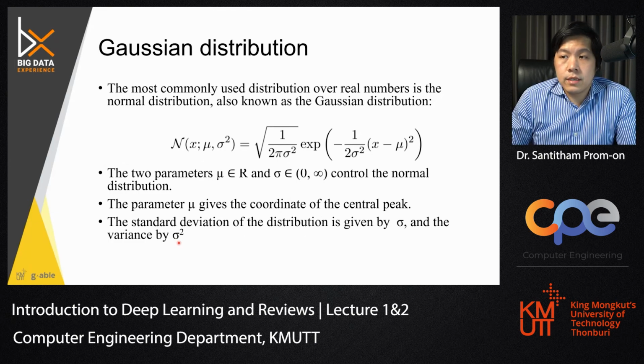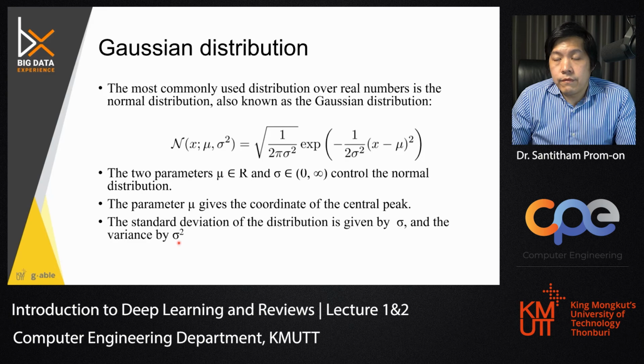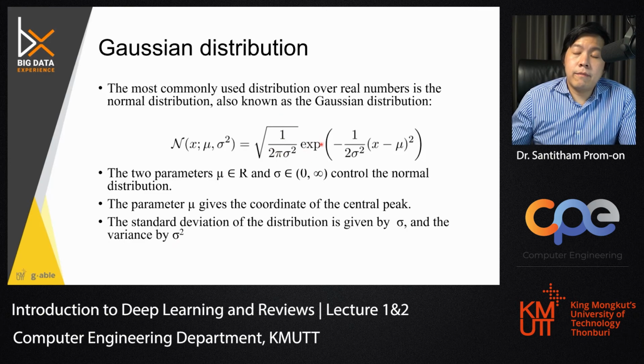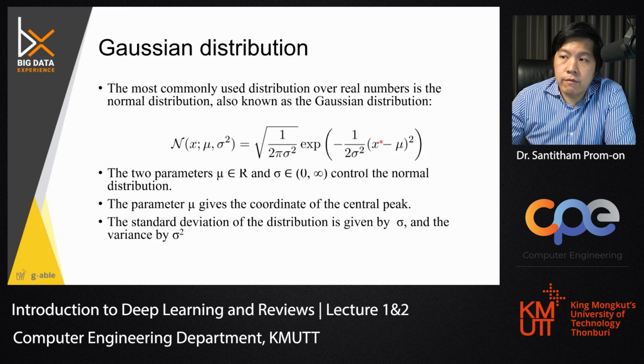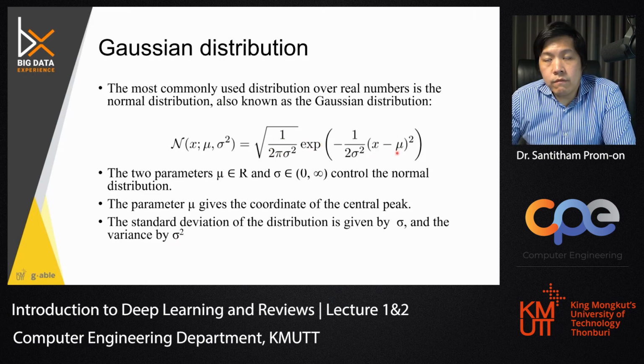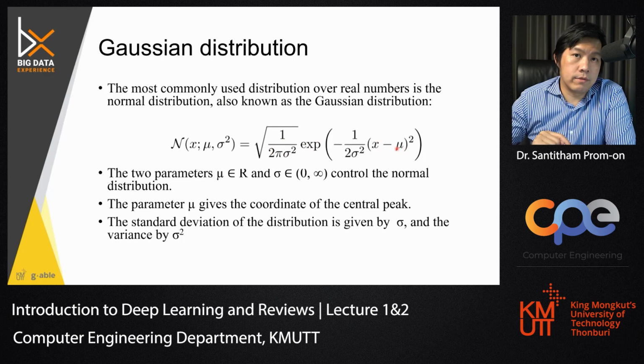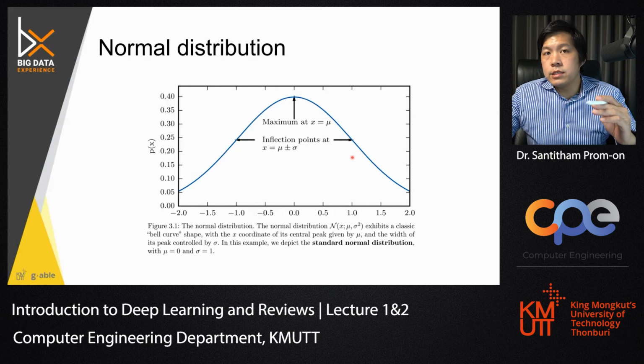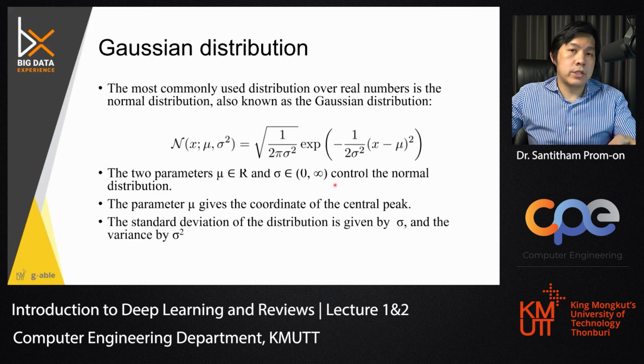The next distribution is one that is often encountered in statistics, the Gaussian distribution, or the normal distribution. It consists of this exponential function. Think about this: the exponential function has its highest value when the exponent equals 0. That means this will be highest if x equals mu, because then the exponent will be 0. If x is not equal to mu, then it will have some value, and with the negative sign, this would reduce the value of the exponential quite a lot.